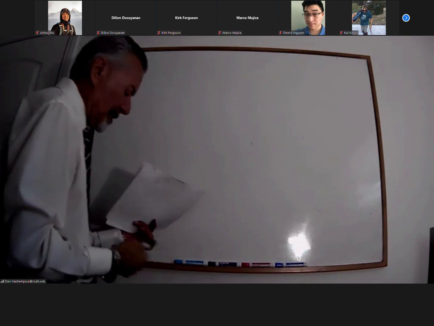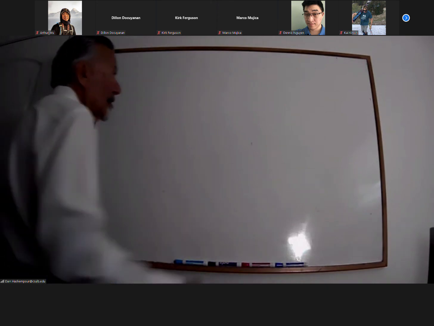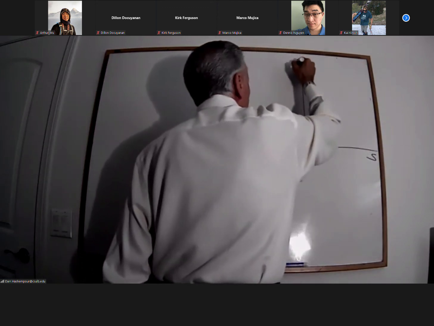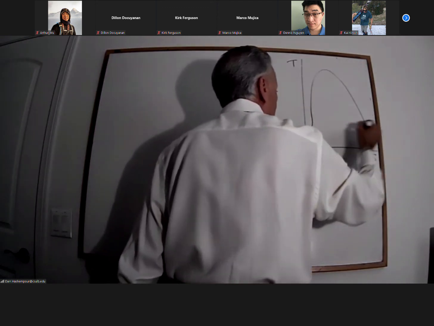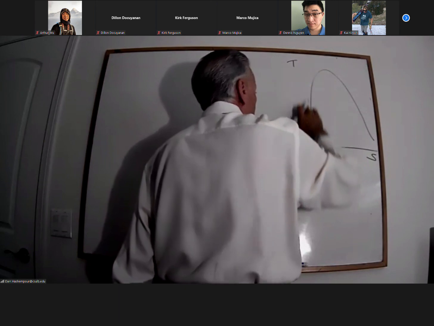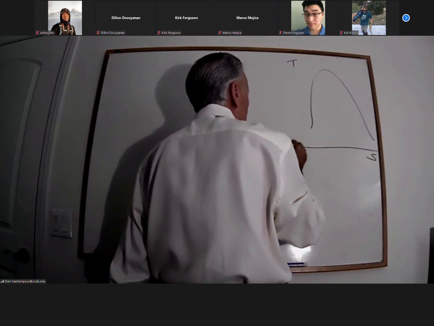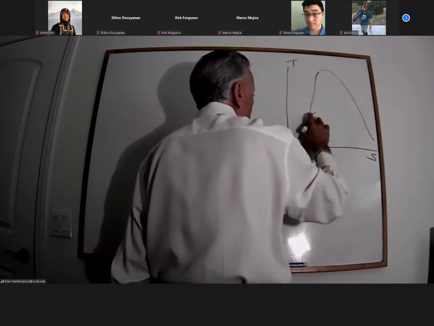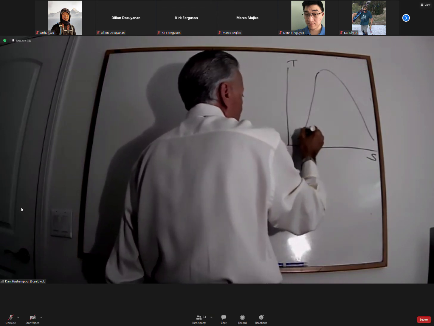For a simple Rankine cycle, again, we need a TS diagram. That's my point 1.